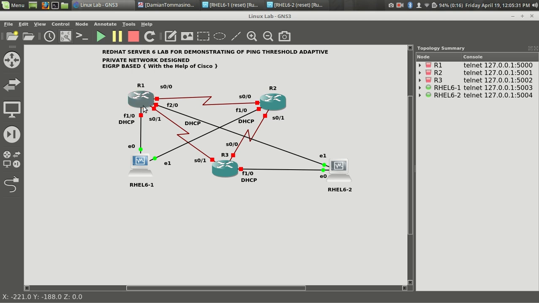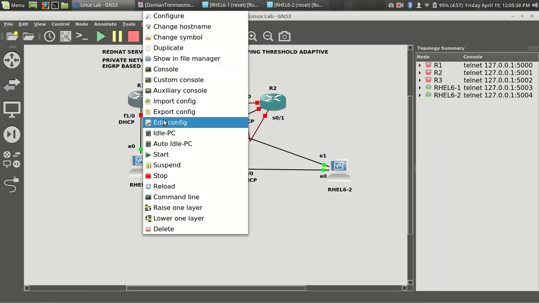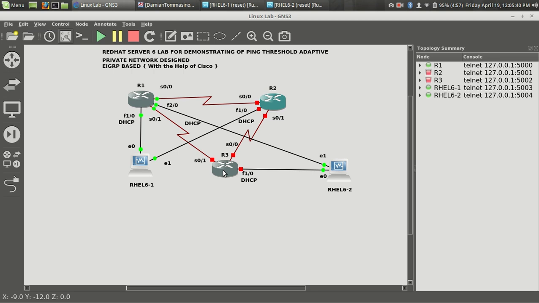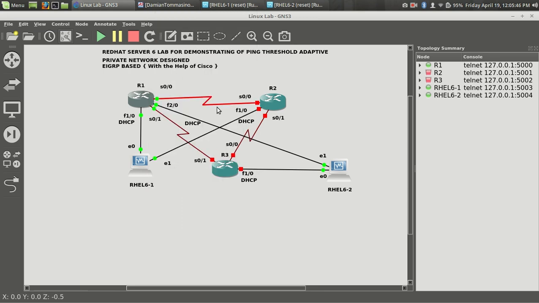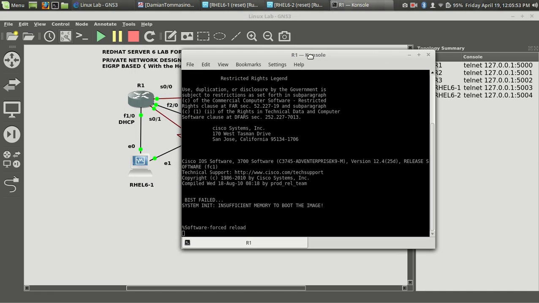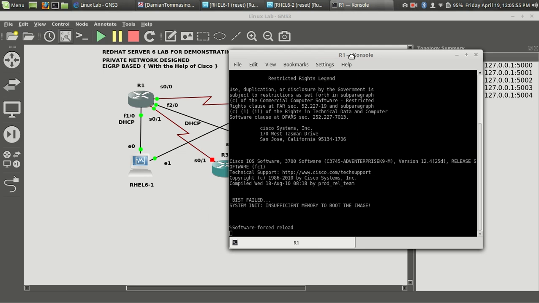So let's get started. First of all, I would like to start router 1. This is my 3745 series advanced enterprise series router.